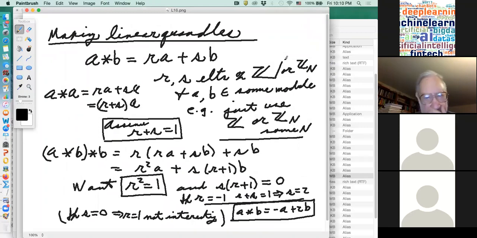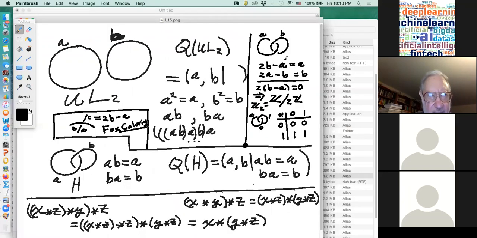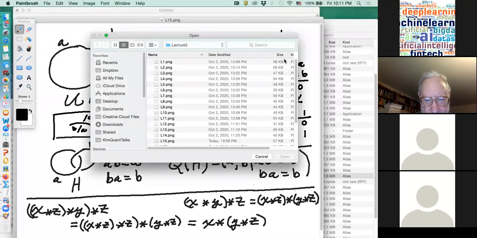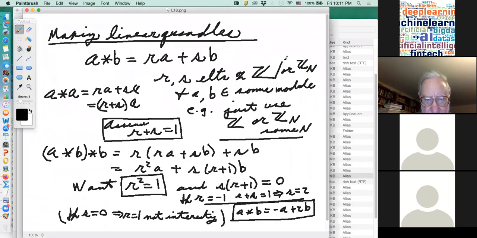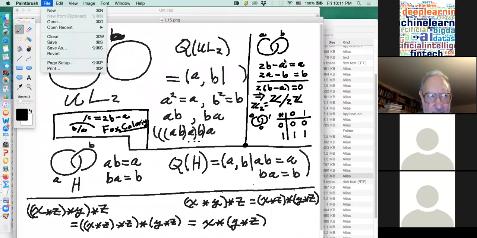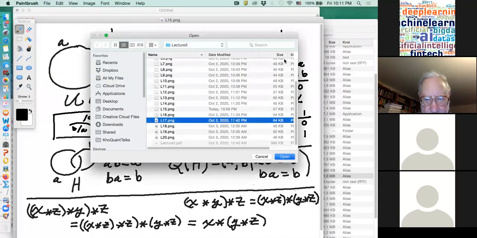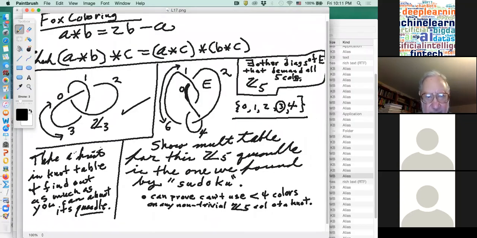And then we talked about how to make that linear quandle, and we pointed out that it could be derived. All right. That was that slide. Then I told you about Fox coloring.